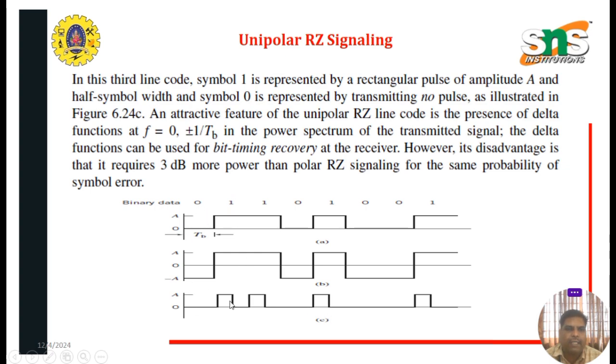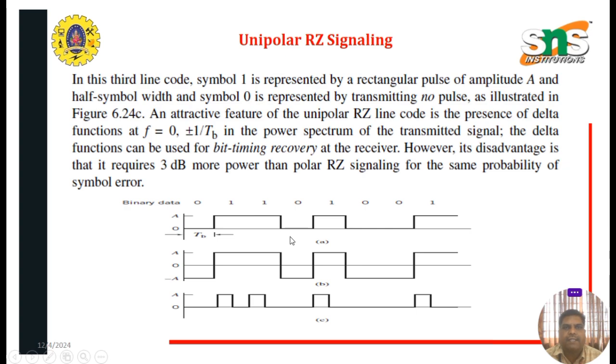Whenever 1 comes, it takes only half the duration of the entire bit, as you can see here. So the entire bit duration is not used; unipolar RZ signaling takes only half the bandwidth.